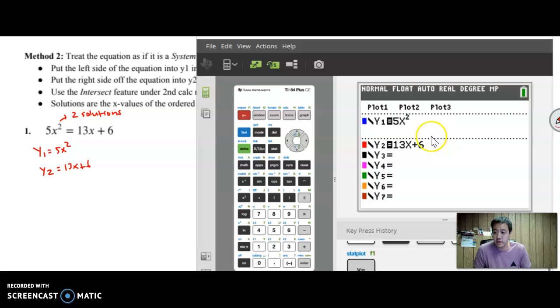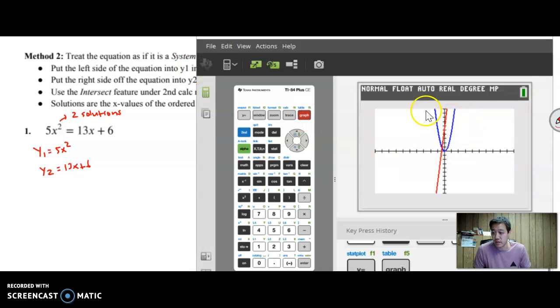Okay, so here is my graphing calculator. Hopefully you can see this okay. And when you put in these equations, you're going to hit graph, and it comes up like this, right? It looks like maybe this is the intersection right here. And so sometimes it's a little hard to tell, okay?